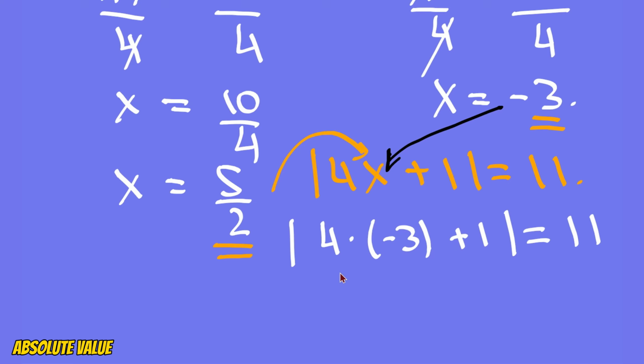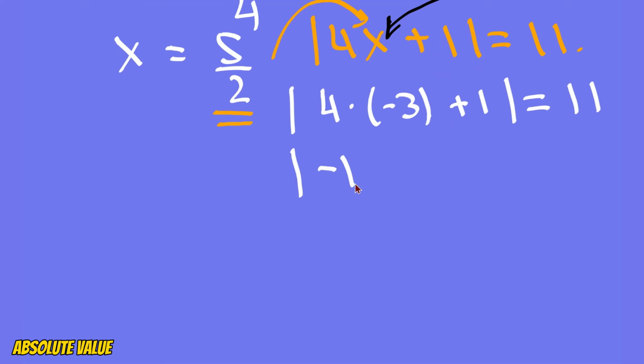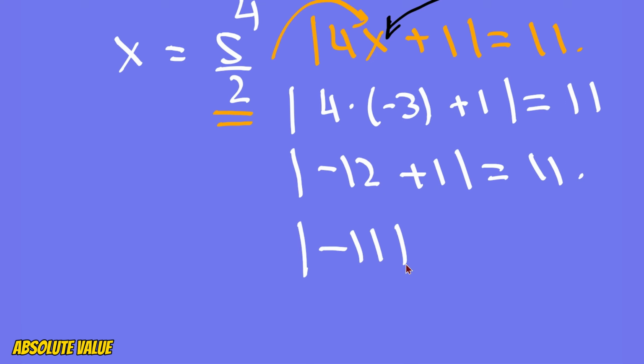Okay, it's going to be minus 12 plus 1. So minus 12 plus 1 is going to be minus 11. So it's going to be the absolute value of minus 11, and the absolute value of minus 11 is 11, right? So it's going to be equal to 11, right? So that's our answer.